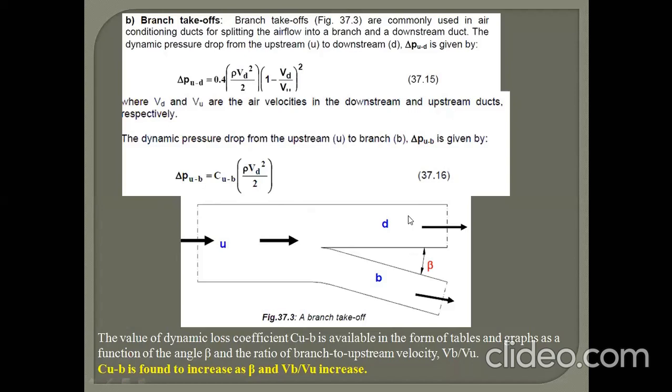And the dynamic pressure loss from upstream to the branch, delta P UB, is given by CUB rho VD square by 2.